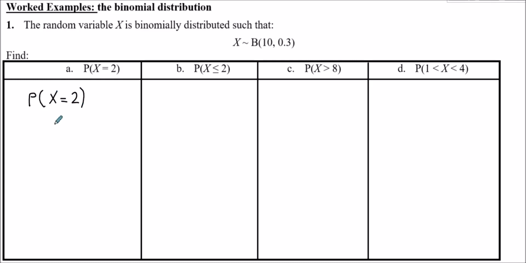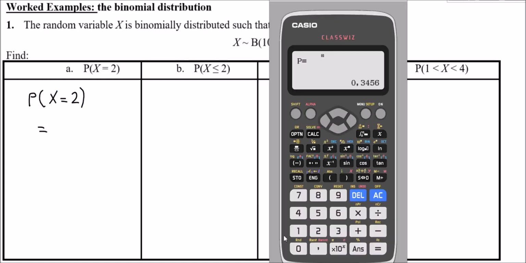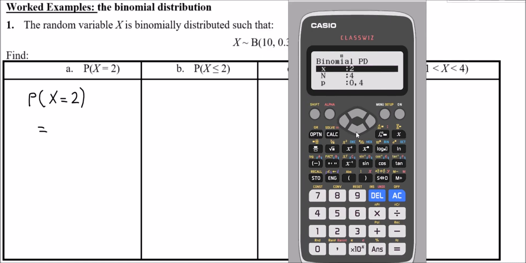What we're going to do is get the calculator up and ready like so. I'm going to show you how to get to this mode again. It's menu, go to distribution, which is 7, press equals, press 4 for binomial PD, then variable. Our number of trials n is 10, so we change this number here to a 10. Press equals. We want the probability that it's a 2, so we change the little x to a 2.